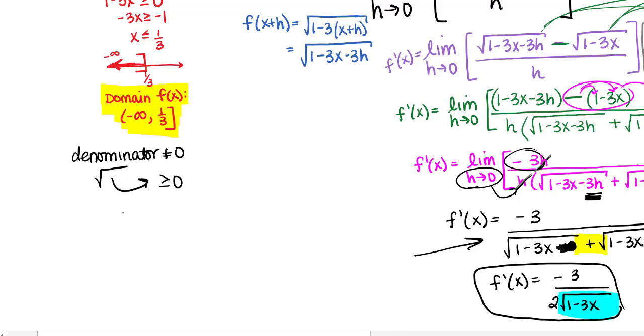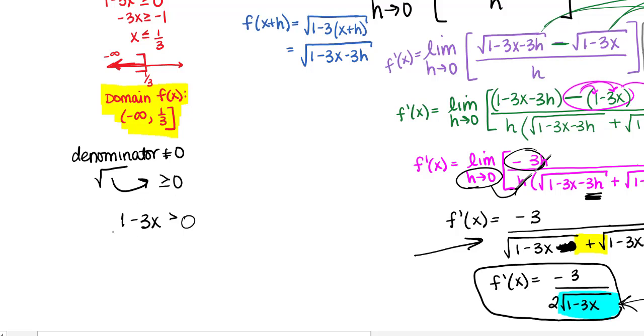So all I'm going to say is that 1 minus 3x, normally I would say greater than or equal to 0, because I would want to make sure that it's 0 or greater so I can take the square root of it. But I'm actually going to remove that or equal to, because if it is equal to 0, then I'm dividing by 0, and I can't divide by 0.